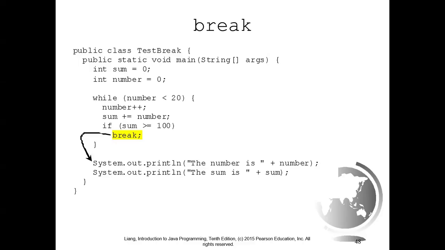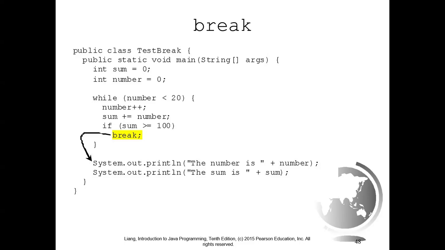That means in this case we have a while, and inside the while we have an if statement. The while loop only allows one criterion to stop the loop, which means the number should be smaller than 20.